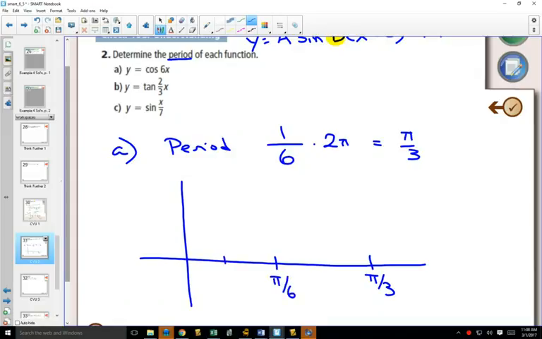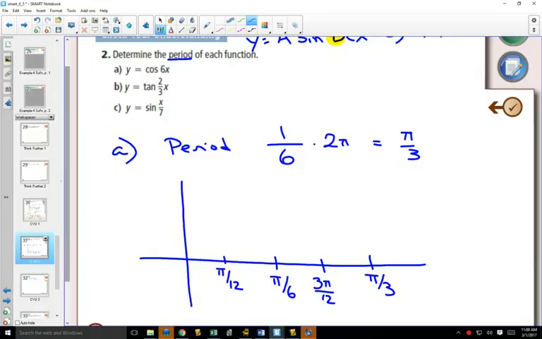Cut that in half, half of pi over 6 is pi over 12, and then we're going to mark this one as well. Since one of these sections is pi over 12, does it make sense when counting that you could call this one 3 pi over 12, which you could reduce to pi over 4 if you wanted to, but you could leave that as 3 pi over 12 as a way of labeling those 4 sections.